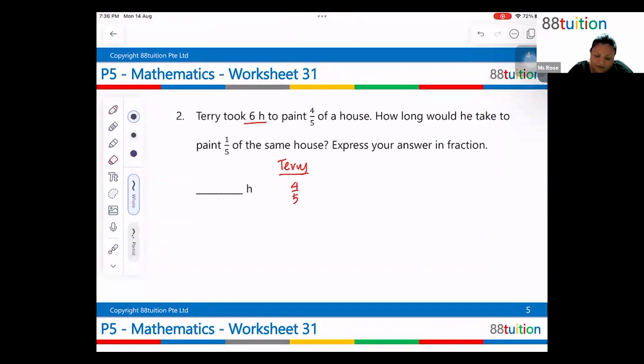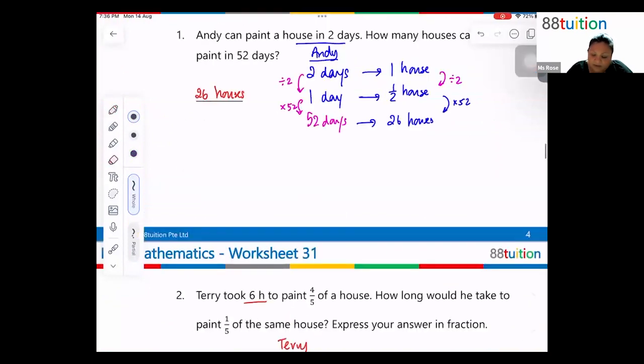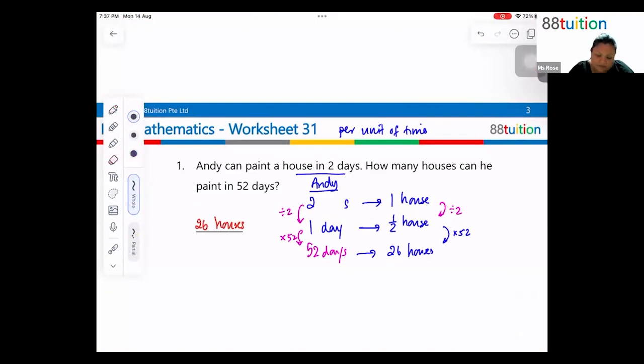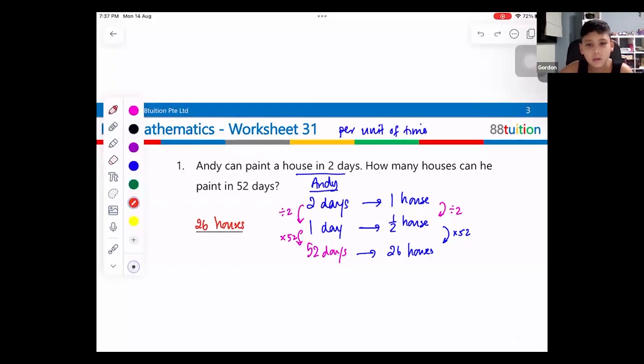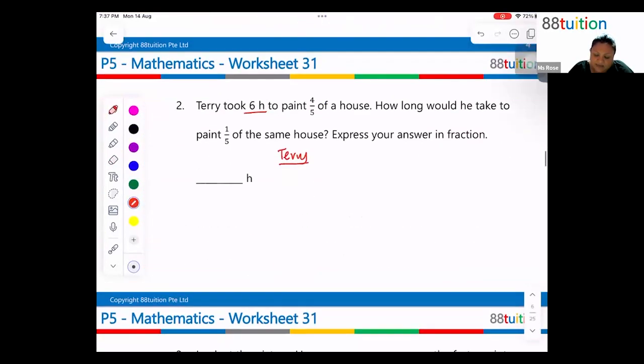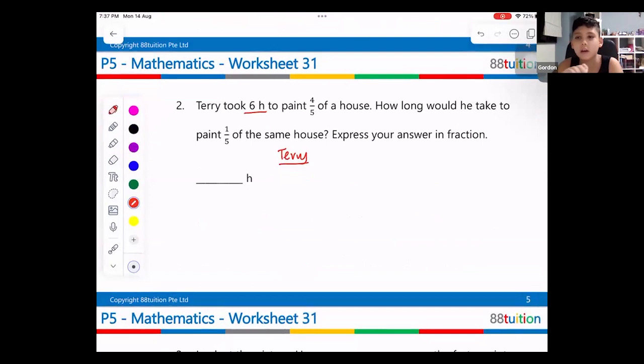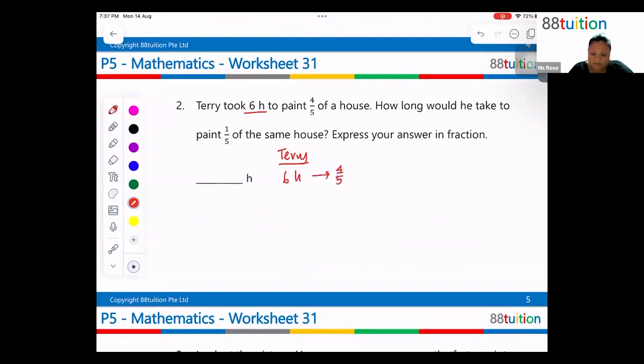So I write my time here, and usually you convert your time to the amount that's done. Terry took 6 hours to paint 4/5 of a house. That means in 1 hour, how many houses can Terry paint?